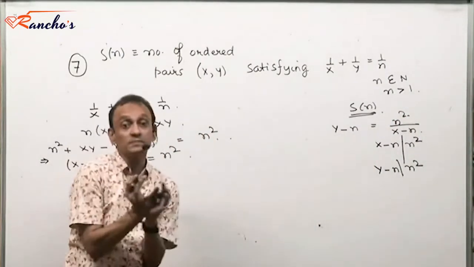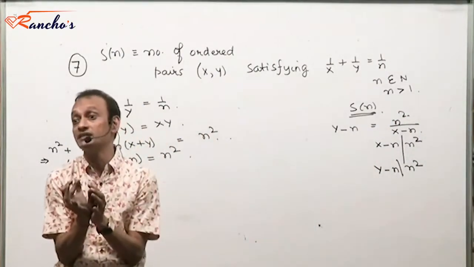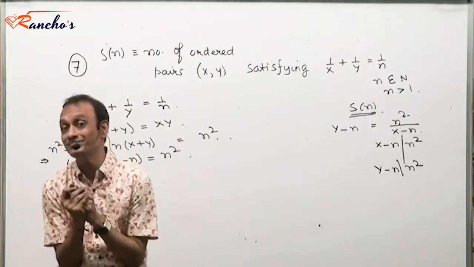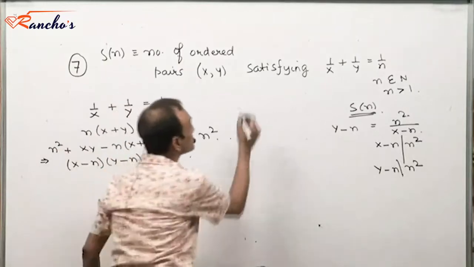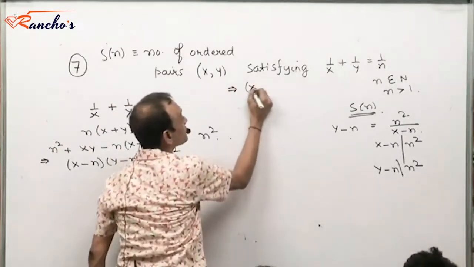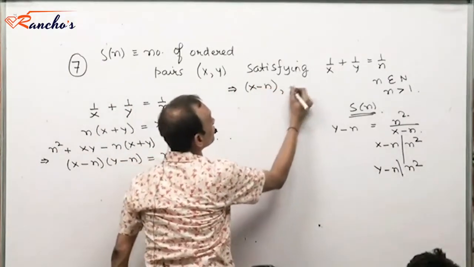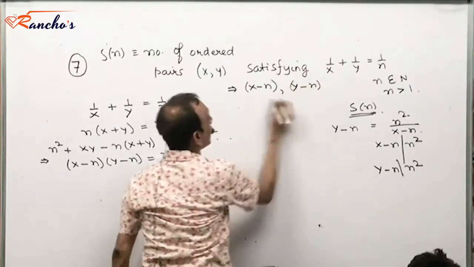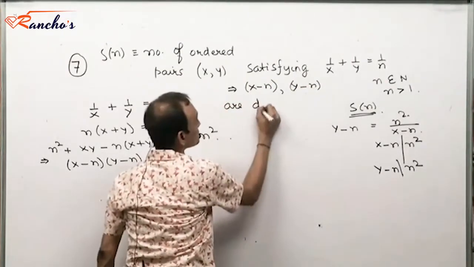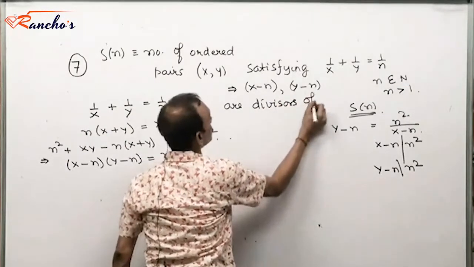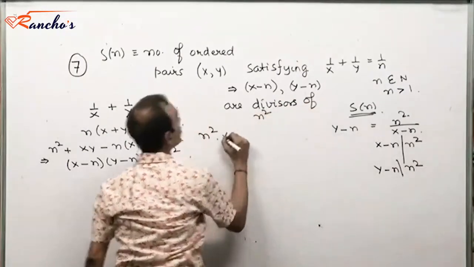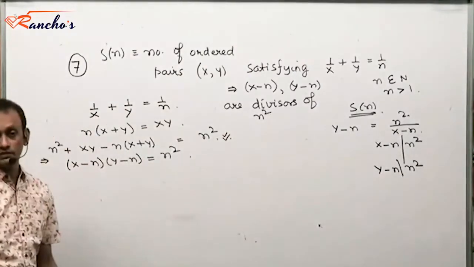That means x minus n and y minus n are divisors of n squared.